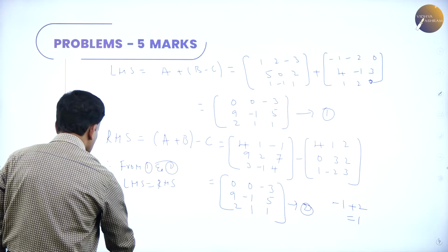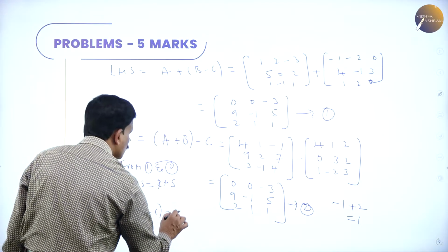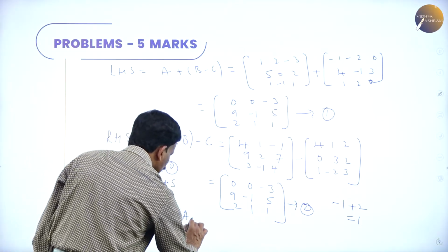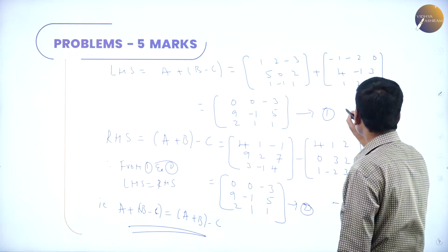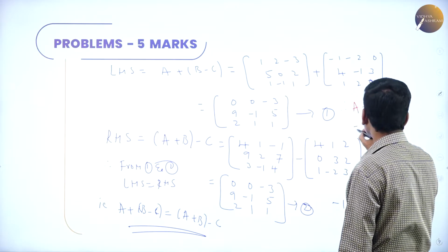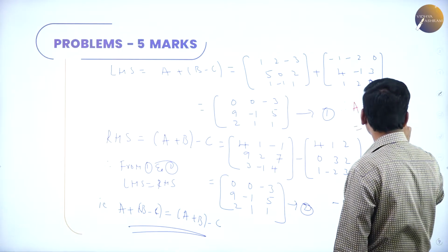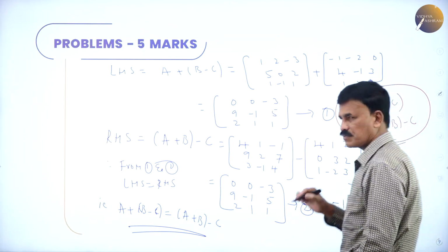That is, A plus B minus C is equal to A plus B minus C. Therefore, A plus B minus C is equal to A plus B minus C. The given equation is verified.